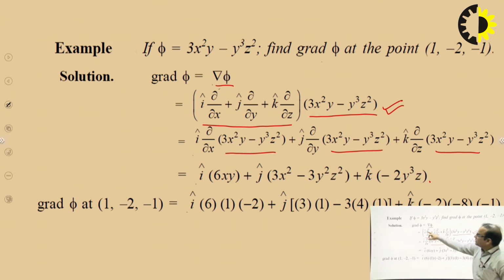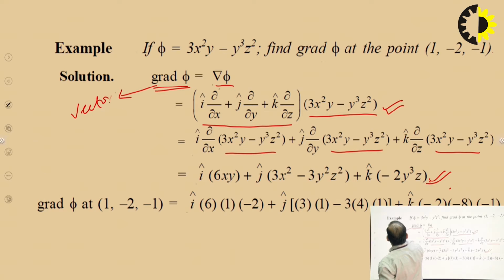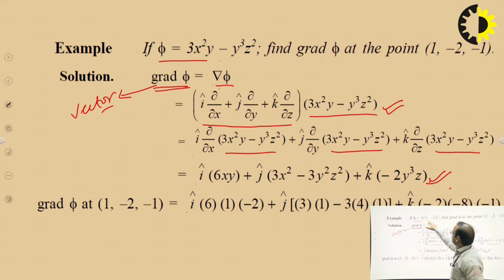We got grad phi. Now this was the general gradient phi, that means it is a vector. Gradient phi is a vector. So now it is a general vector, the gradient of the given field defined by this function.